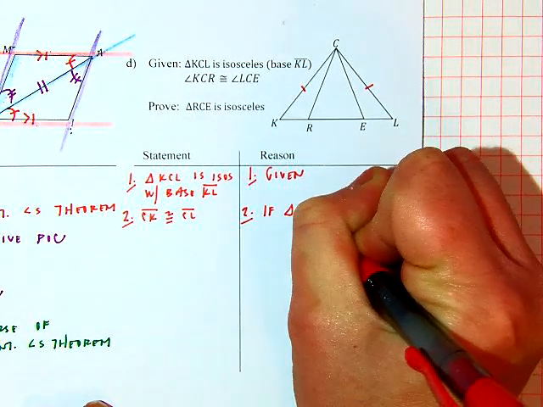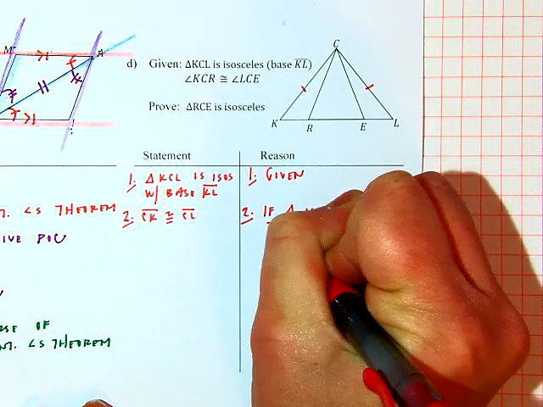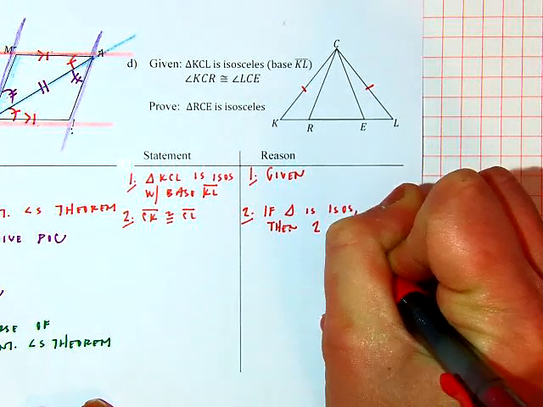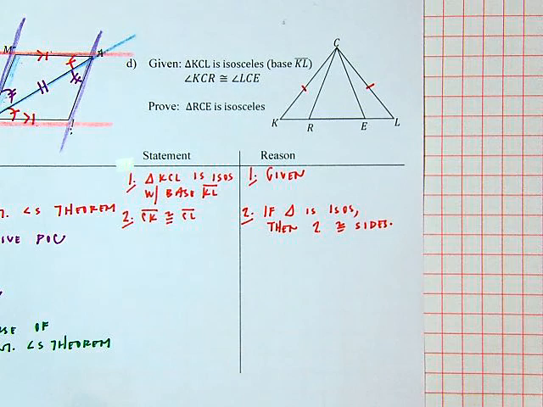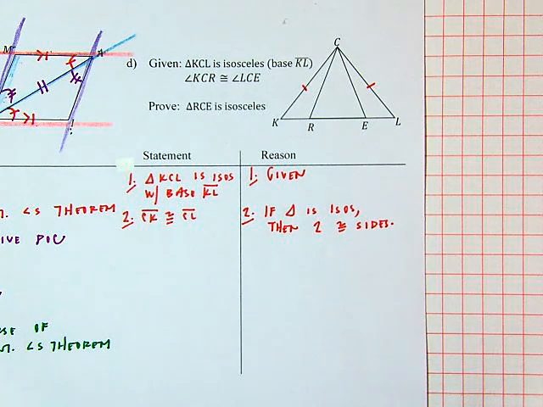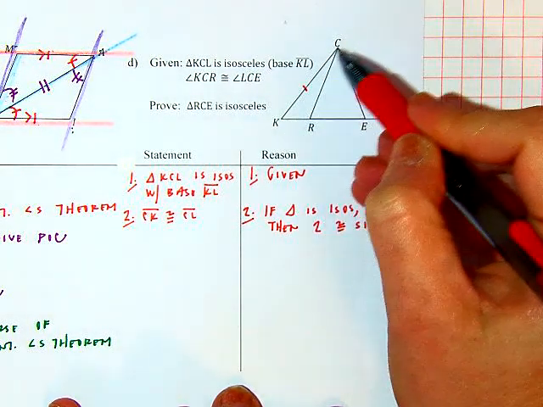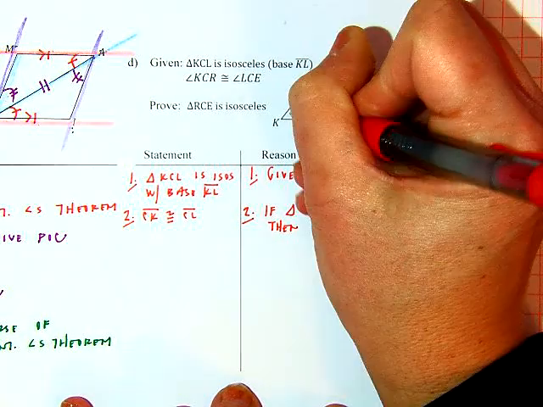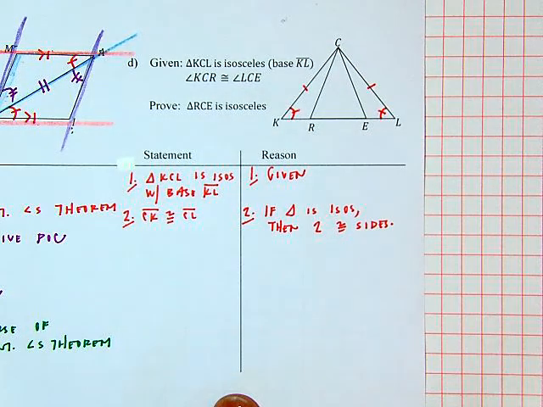So if the triangle is isosceles, then we have two congruent sides. But I actually also know that I have two congruent base angles. So if this triangle is isosceles, I have these two sides that are congruent, and I have these two base angles that are also congruent.